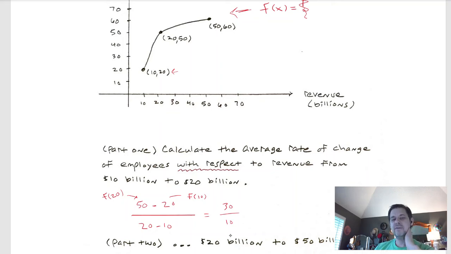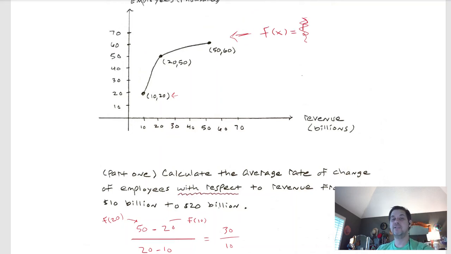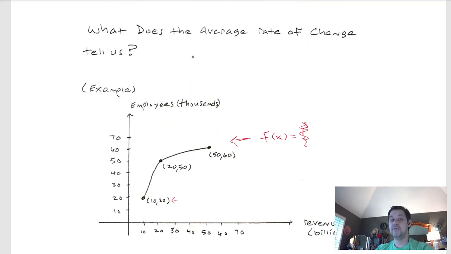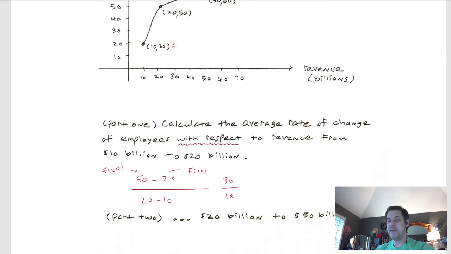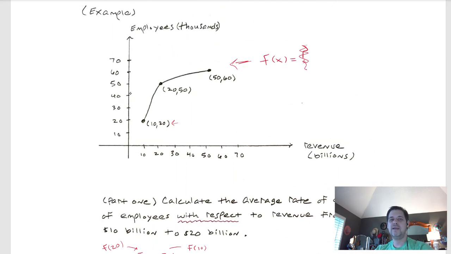Now, before I go any further, we have units here, it turns out. I want to keep track of the units because in addition to doing the math on this question, I want to tell you what the average rate of change can tell us. So here I'm doing the math, but what are the numbers? What were the function values, the y-coordinates? Look at the y-axis.